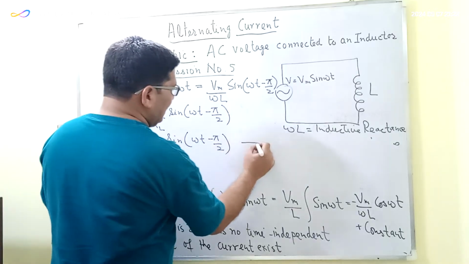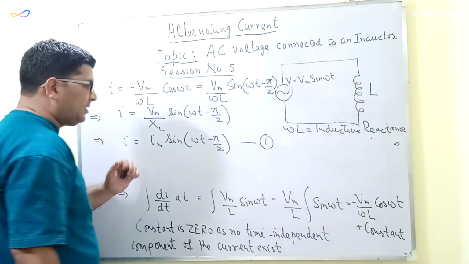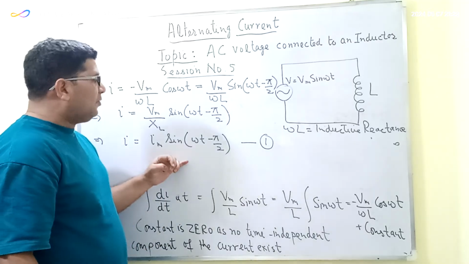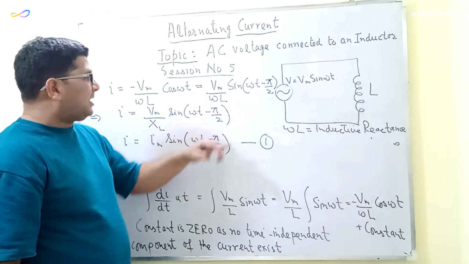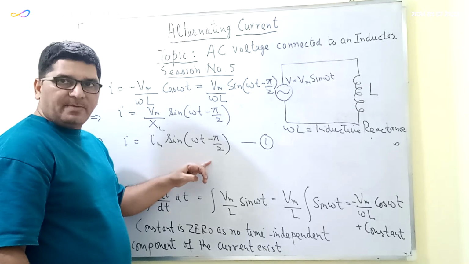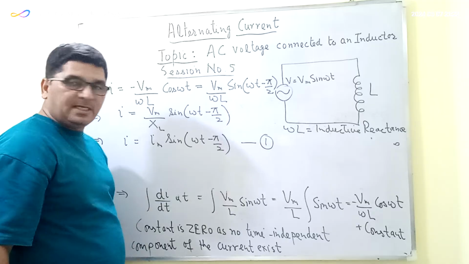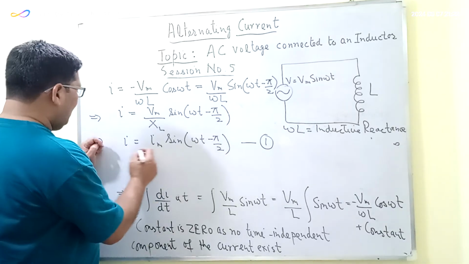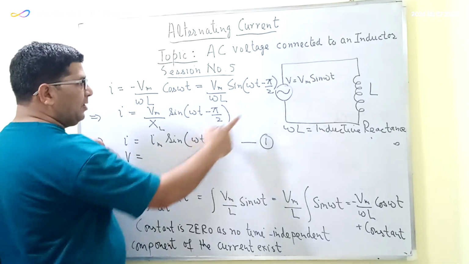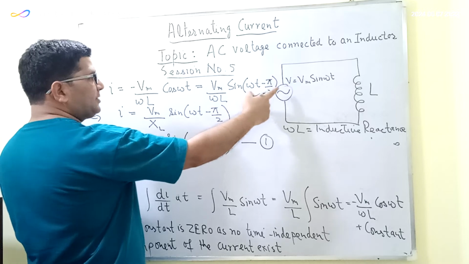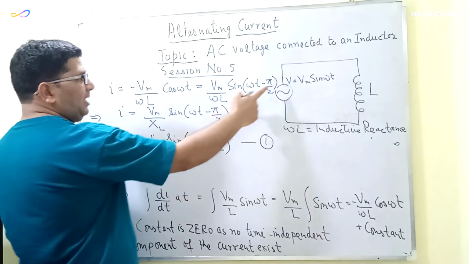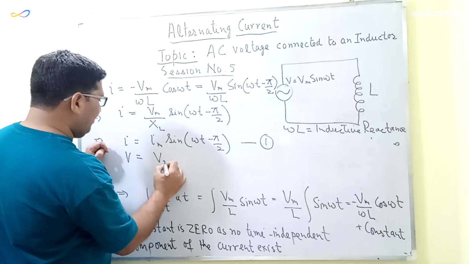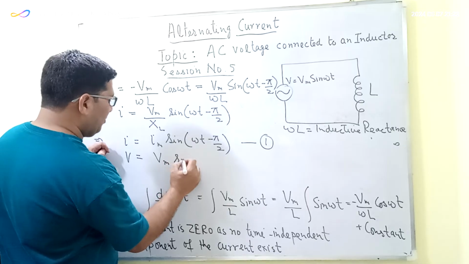This is the relation which I wanted to derive in this session: I = Im sin(ωt − π/2), and the potential difference across this AC source is equal to Vm sin ωt.